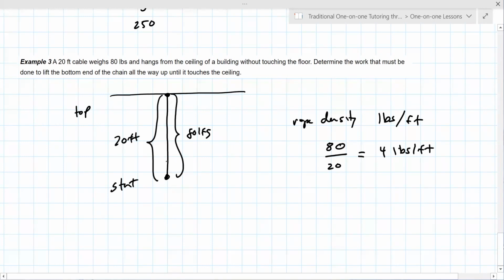And when you're starting at the bottom, you have to lift the whole amount of this. So when you start, it's 80 pounds. But at the top, it's 0 pounds.